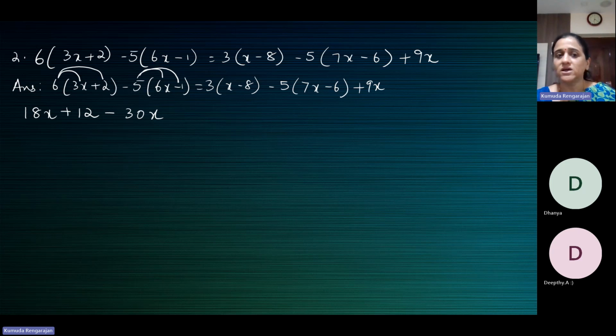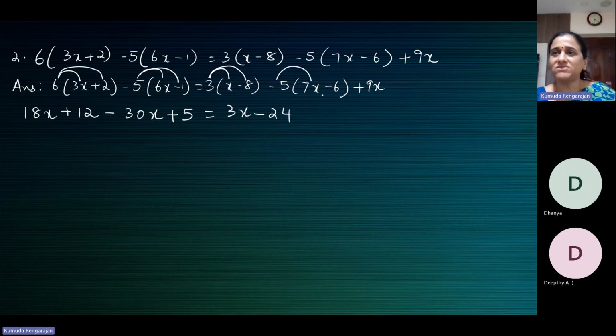To remove the brackets, we have to multiply. So it's minus 5 into minus 1. Minus into minus is plus, 5 into 1, 5. Then 3 into x, 3x, plus 3 into minus 8. Plus into minus is minus, 3 eights are 24.